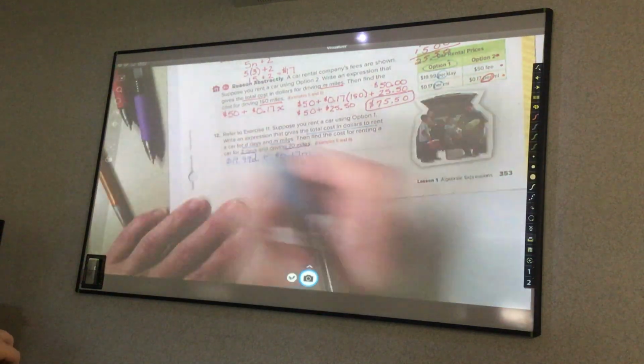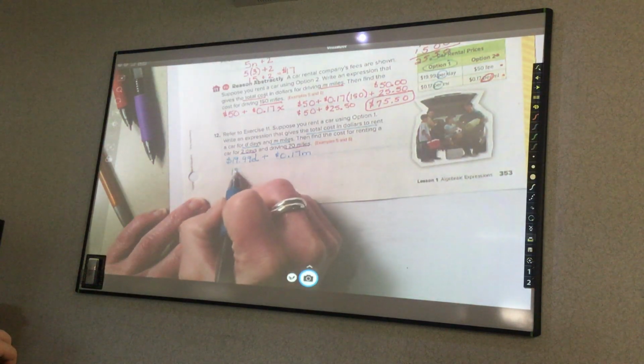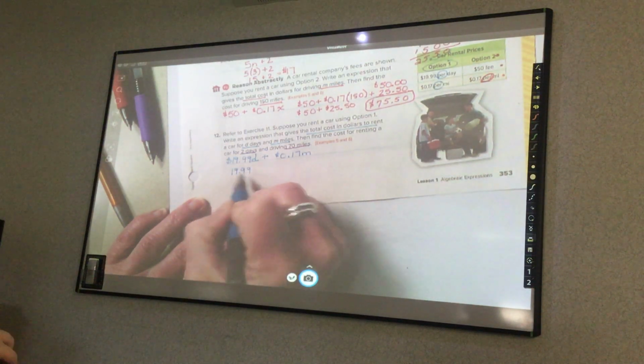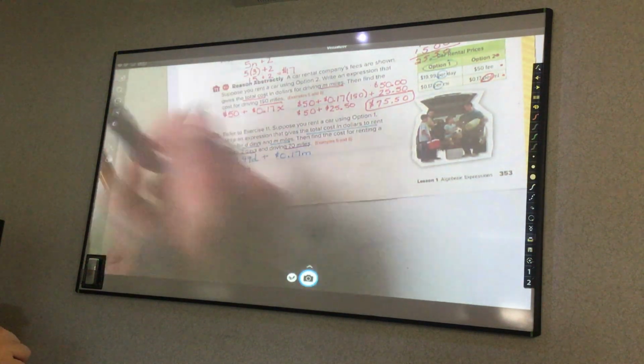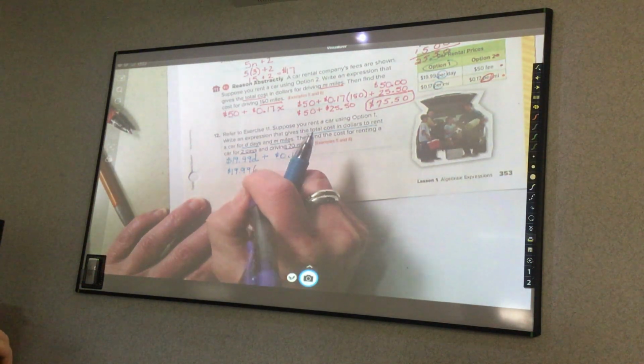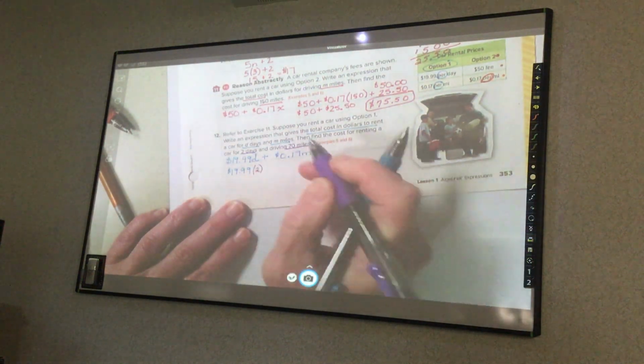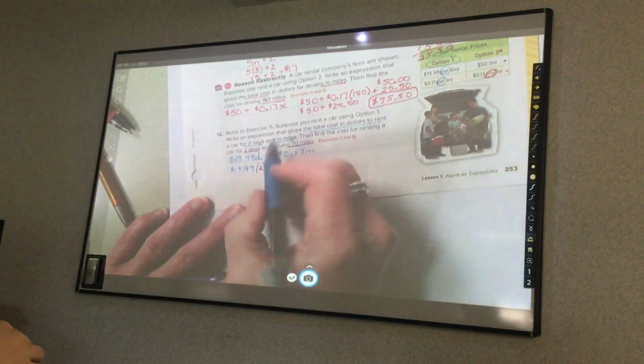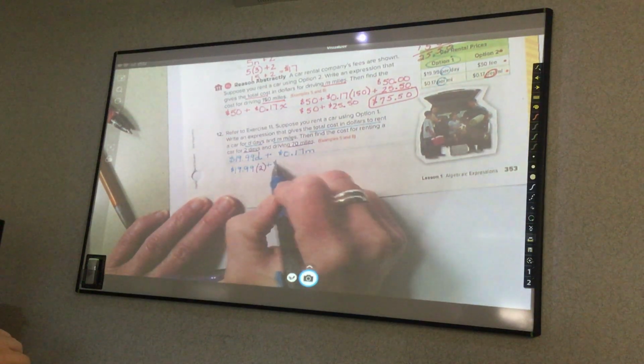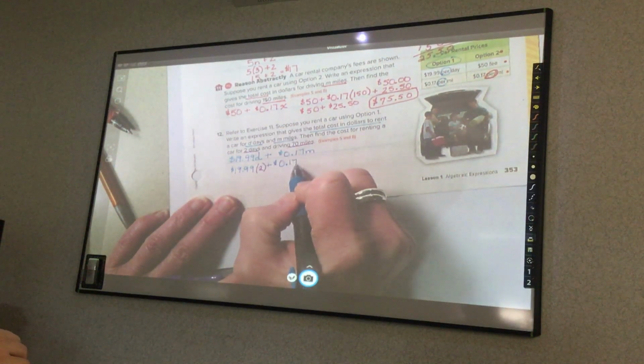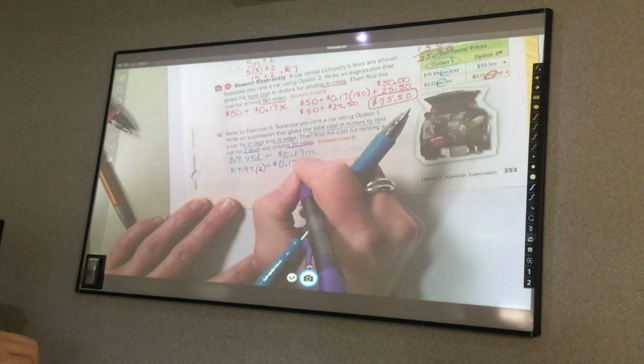So now I have my $19.99, but I know that I'm multiplying it by 2 days. Plus 17 cents times 70 miles.